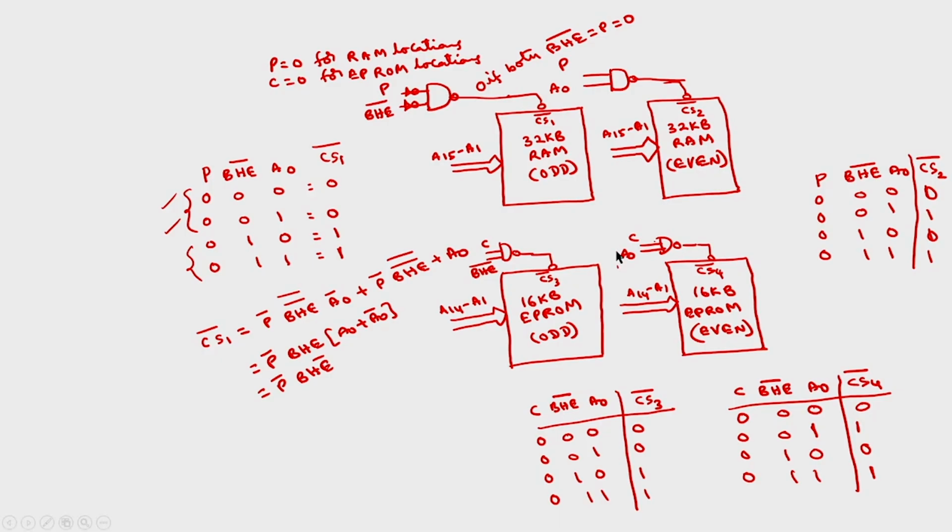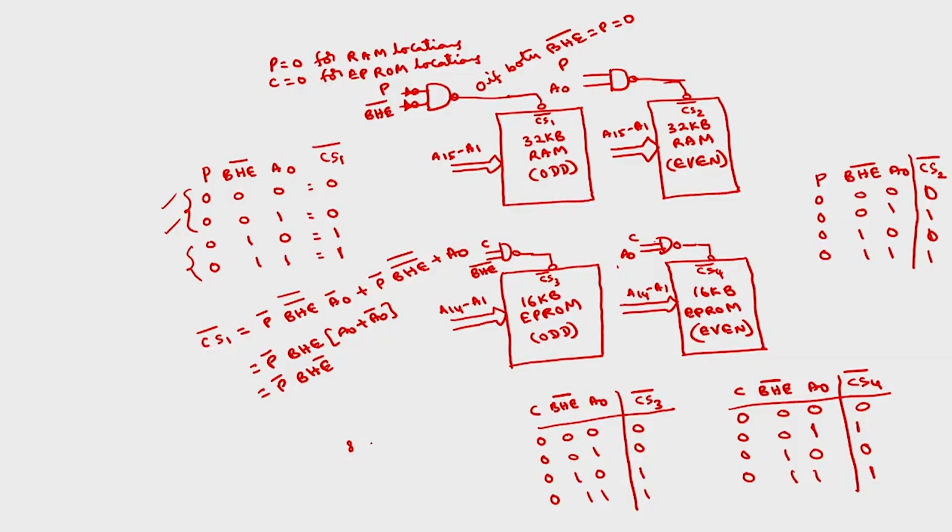This is about the complete memory map of this particular problem. This is how we can interface the memory to the microprocessor. Now we will discuss the IO mapping with the microprocessor. In order to map most of the IOs, we will require some extra peripheral ICs. For example, 8255 is a programmable peripheral interface, which is required to connect most of the input output devices.